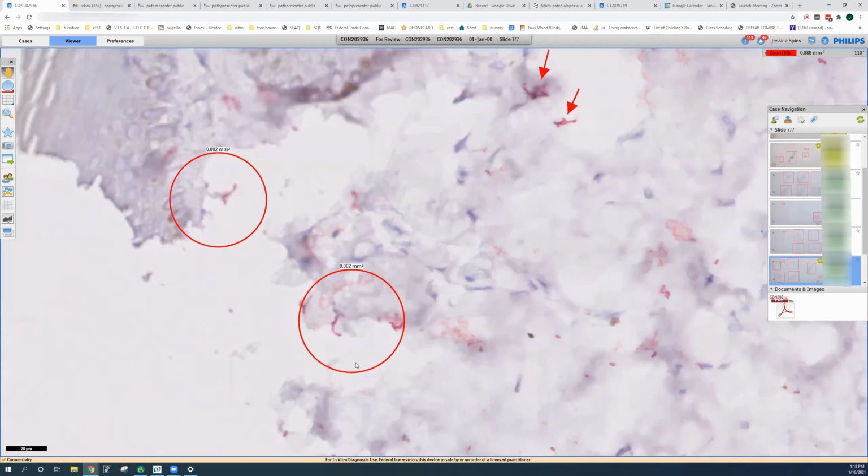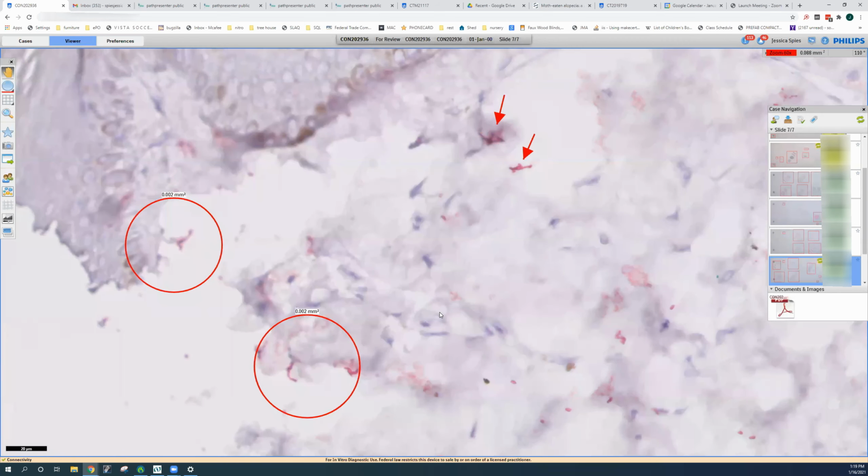Now in syphilitic alopecia, you don't always see organisms. So this is actually fantastic that they're here and we can make the diagnosis. And you can see here, it's hard to see that they're a spiral, but these are the organisms right here, and they kind of have this curved appearance.